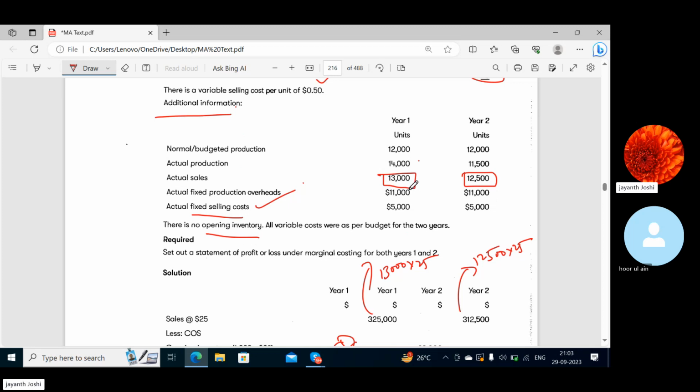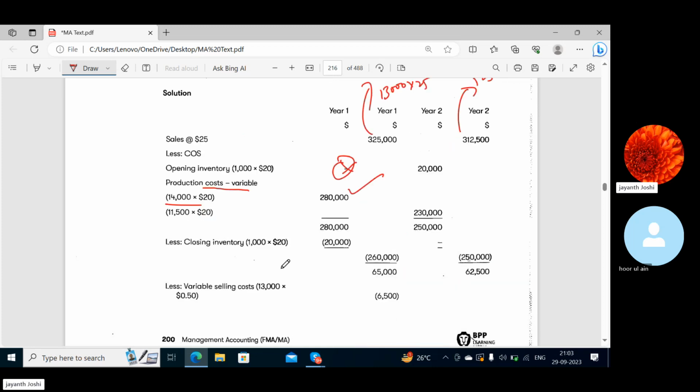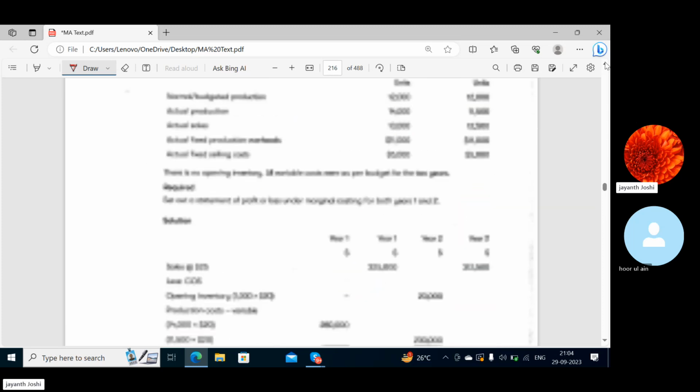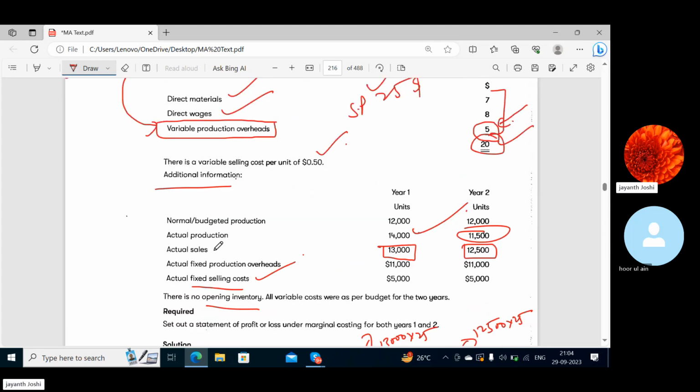Actual production for year 2 is 11,500, and 20 again. Now, don't worry, I will tell you what this 20 is. See how many units they are selling: 13,000.